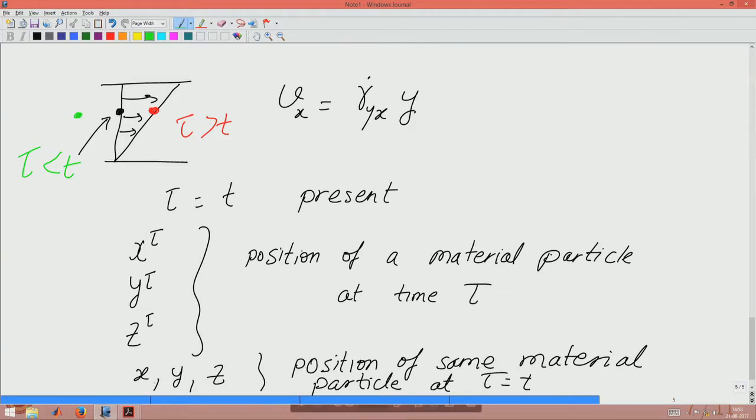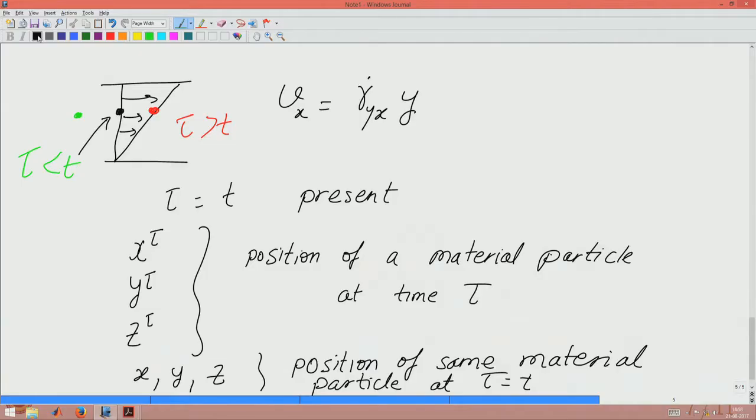The y position of the particle has not changed at all, because the particle is moving only in the x direction. And similarly, the z motion is not described because nothing changes in z; it is an infinite plate in the z direction.